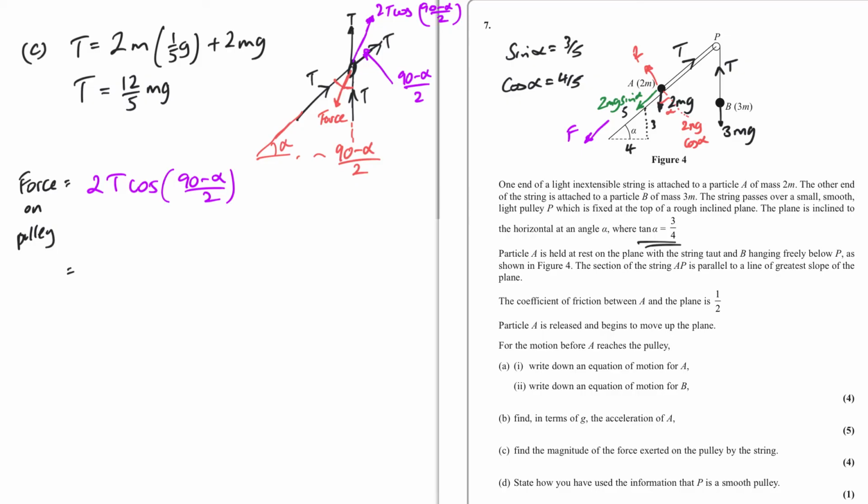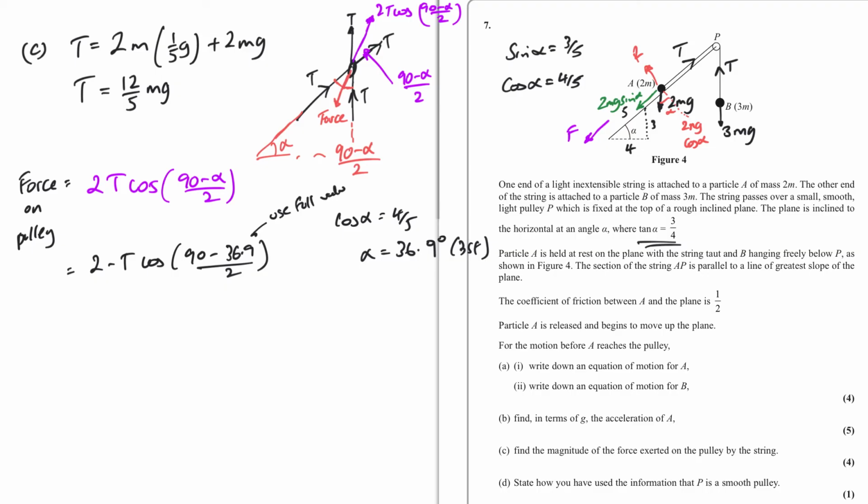So I know what alpha is. So all I need to do here, just think of any one of my triangles. So cos alpha equals 4/5. So 4/5 inverse cos of that, and we get 36.9 degrees to 3 significant figures. So 2T cos, this is 90 minus that 36.9 over 2, but use your full value, yeah?